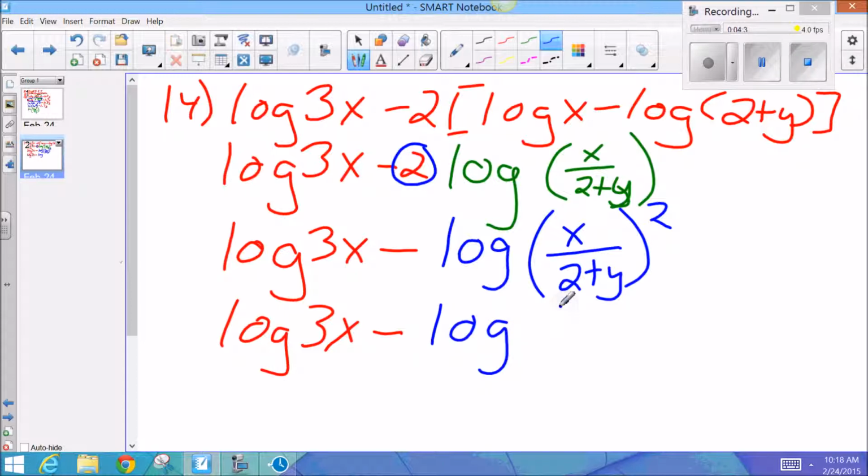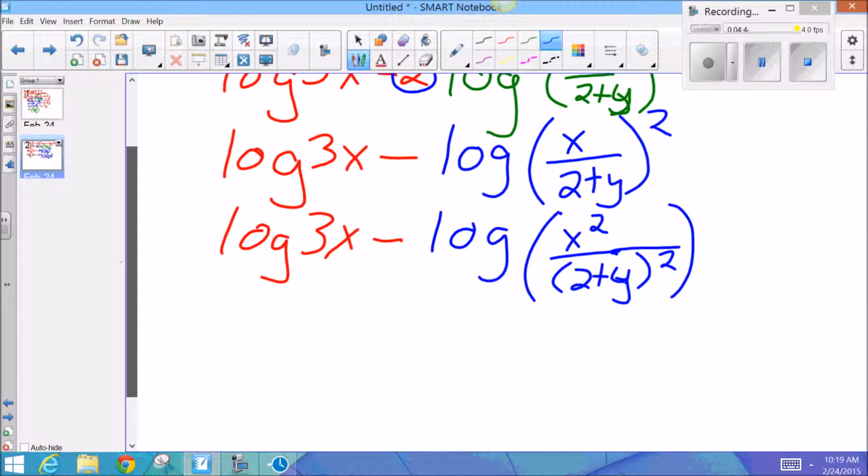So it would be x squared over 2 plus y squared. Okay, so now I'm going to put them together as a single log. So the subtraction is going to change to division.